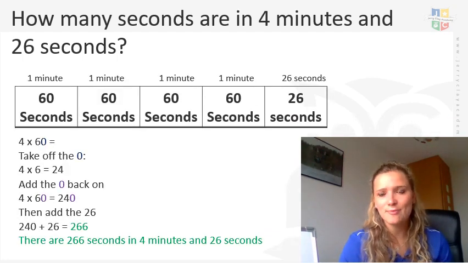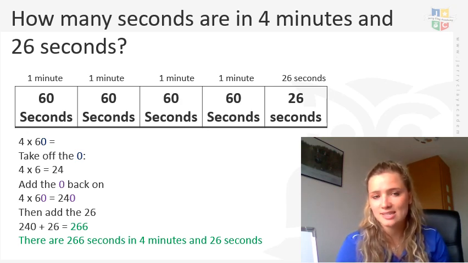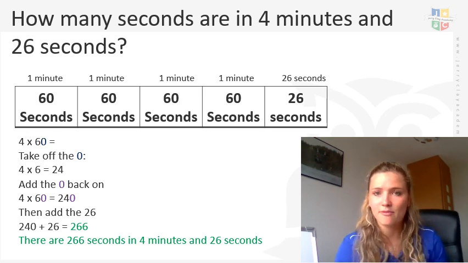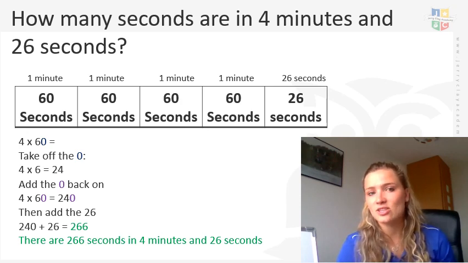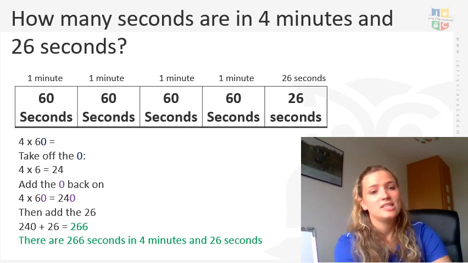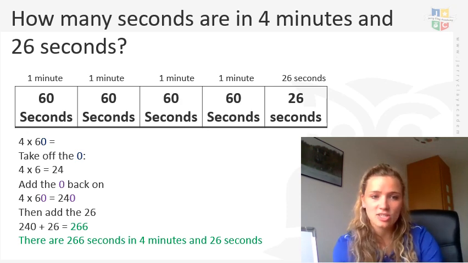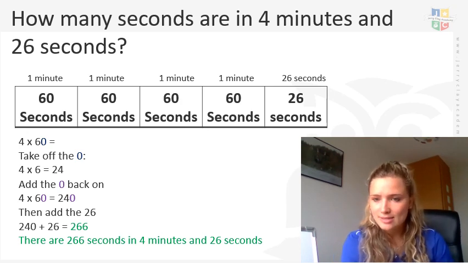So let's have a look. How many seconds are in 4 minutes and 26 seconds? So I can do either the bar model method, where each bar has got 60 seconds in for 4 minutes and then 26 seconds. Then I can either add all of those together, or a quick way might be to do 4 times 60, because I want 4 minutes' worth of 60 seconds each. So take off your 0, 4 times 6.